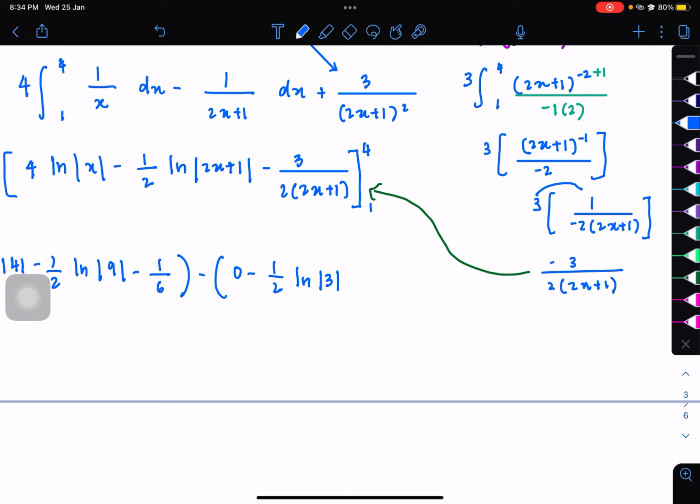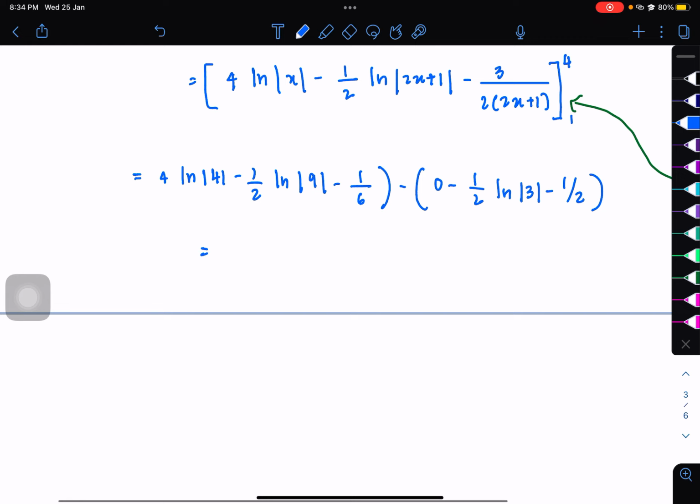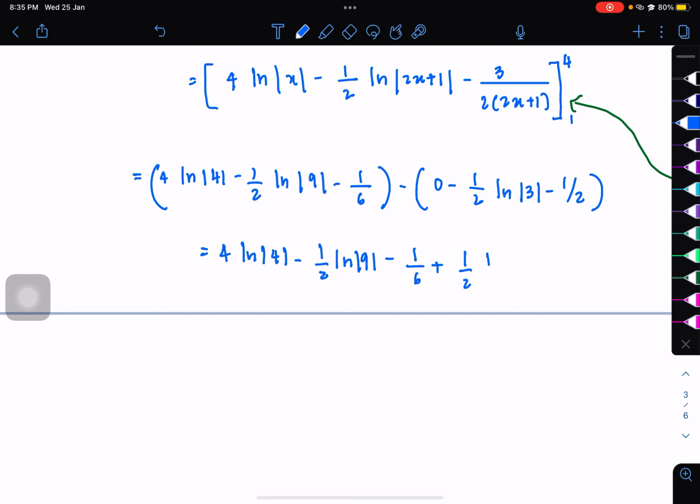Minus. Kan? Minus 1 over 2. Okay. So 4 ln 4 minus 1 over 2 kurungan ln 9 minus 1 over 6 kembangkan 1 over 2 ln plus 1 over 2.